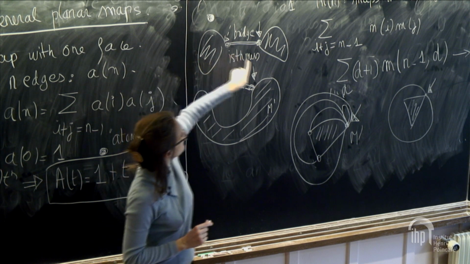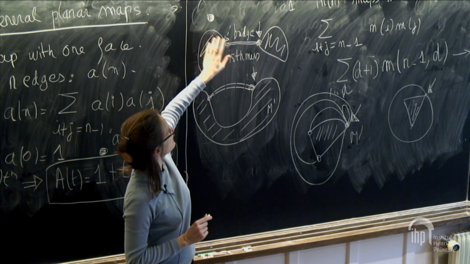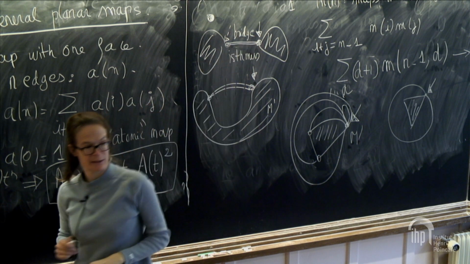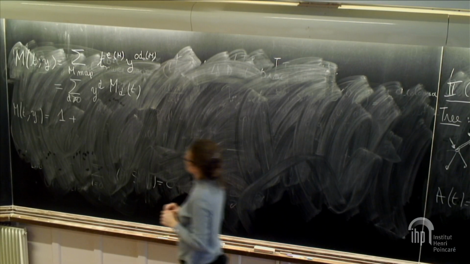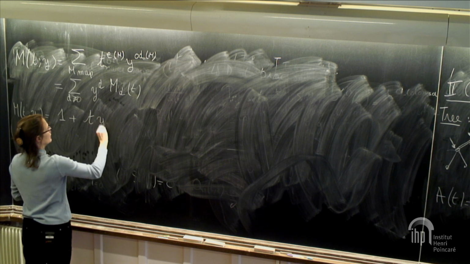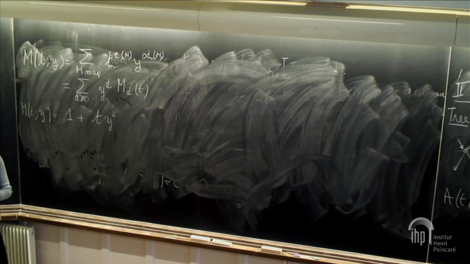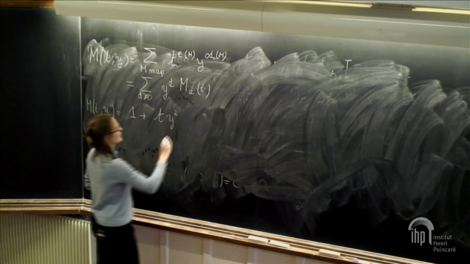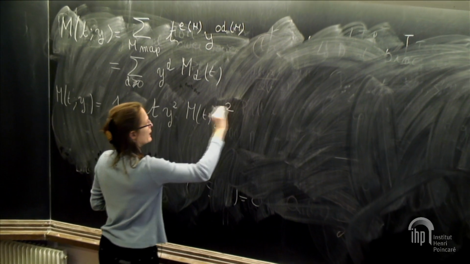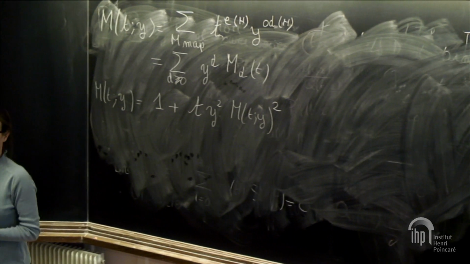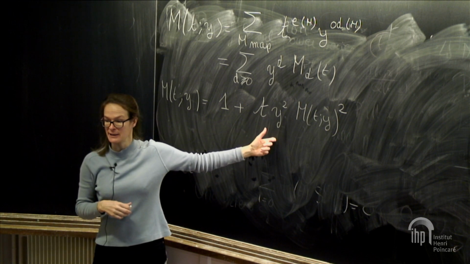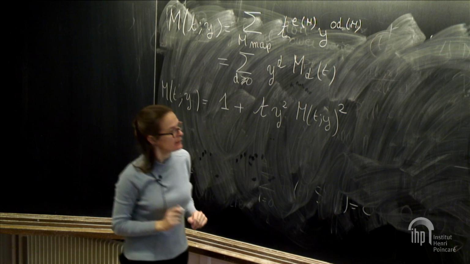And quite conveniently, the outer degree is also additive, except that I should add 2 for the two sides of this edge. So what the bridge case gives me is a factor t for the new edge, a factor y squared for its both sides, and then the same series squared. This is the exact counterpart of what I had for trees, with one more statistic here, the outer degree.